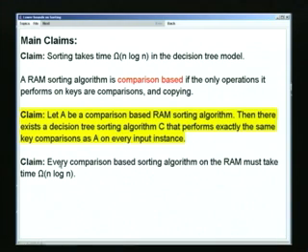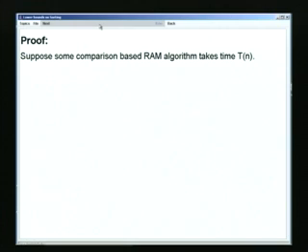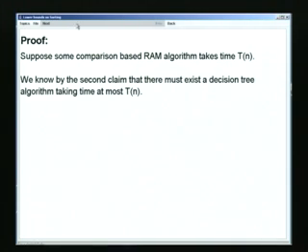So, now I want to argue that every comparison based sorting algorithm on the RAM must take time n log n, but this is actually fairly straightforward. So, suppose some comparison based RAM algorithm takes time t of n. What do we know about comparison based RAM algorithms?